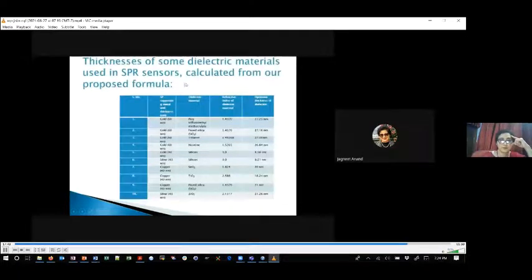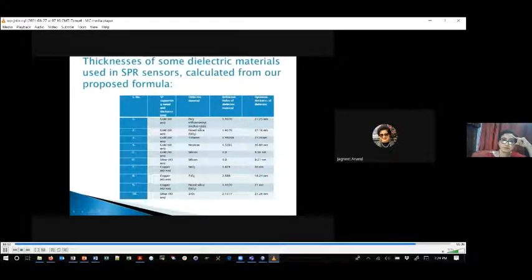Now here, we have calculated the optimum thickness of various dielectrics. These are the dielectrics with their refractive indices, and these are the corresponding SP supporting metals which are used in that particular SPR sensor. And these are actually the penetration depths of the instantaneous Poynting vector in these dielectric materials.